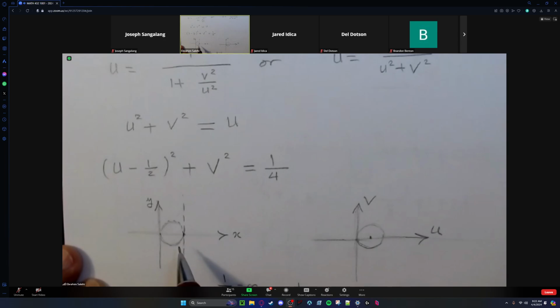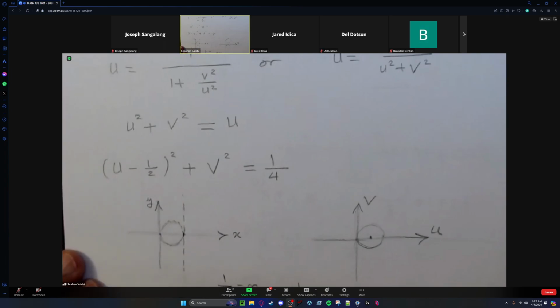Now, I put both systems together. So x equals 1 is this line, got wrapped in here. Of course, it doesn't cover the 0.